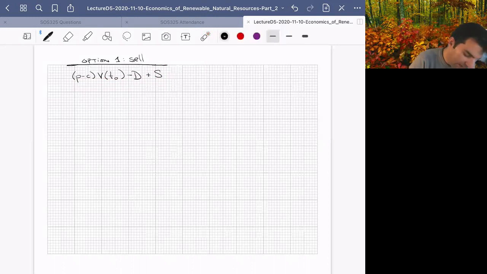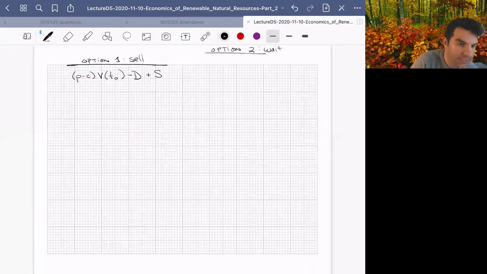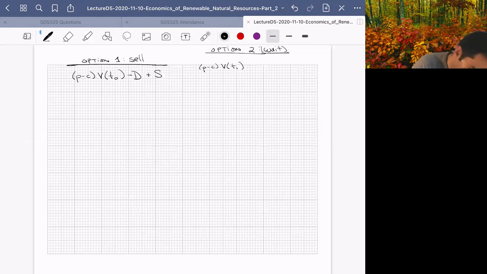So the option 2, which will be my wait option, is that next year I will have P minus C times however much is in the forest then, minus the replanting plus the site value, divided by my discounting.